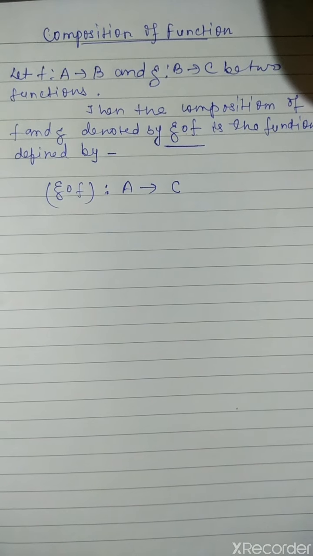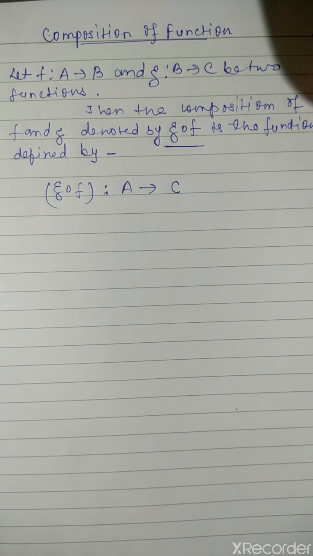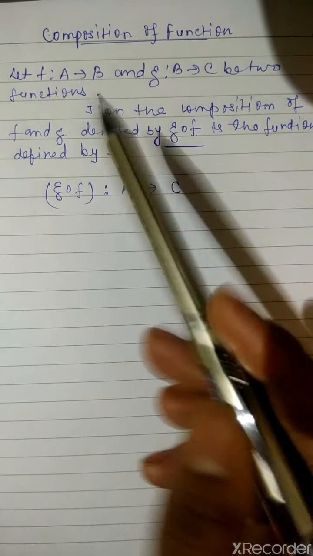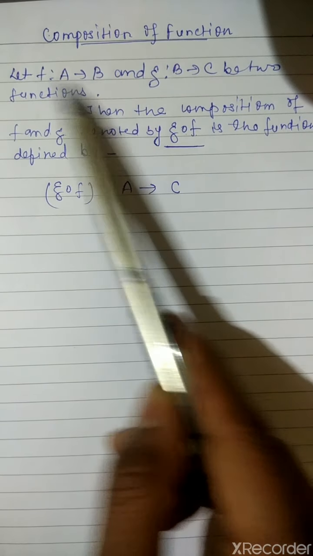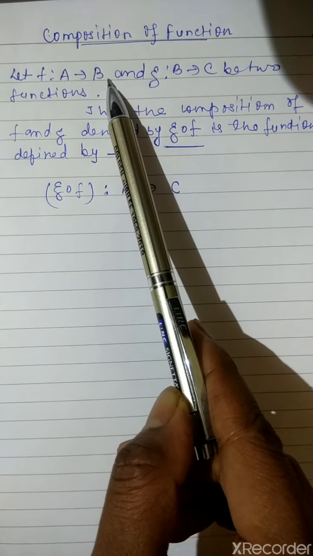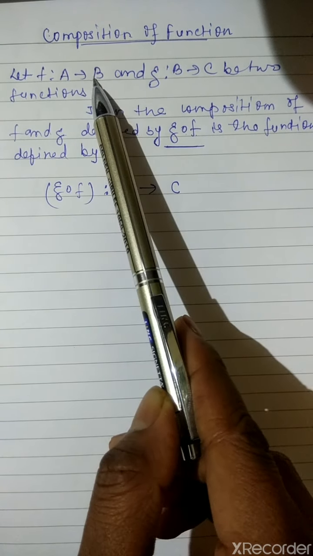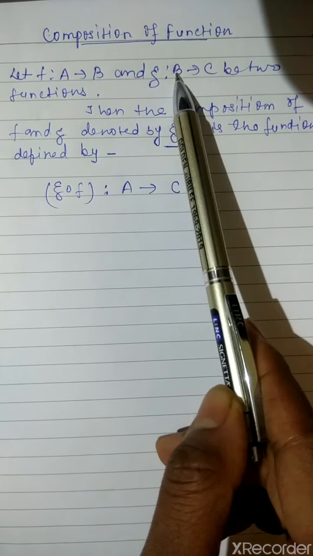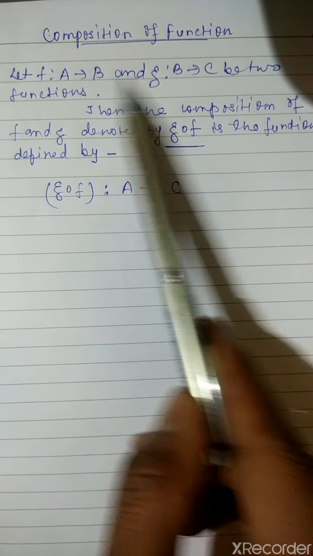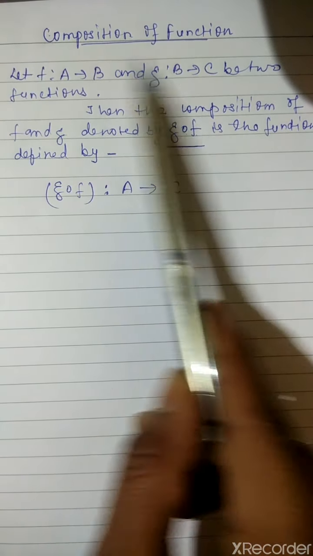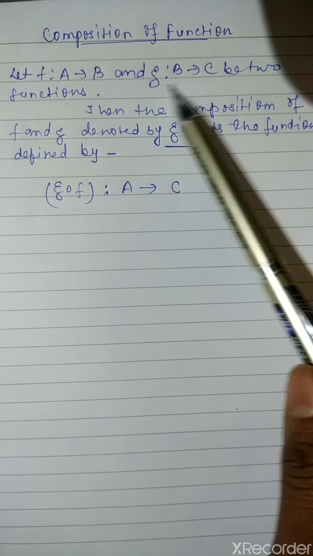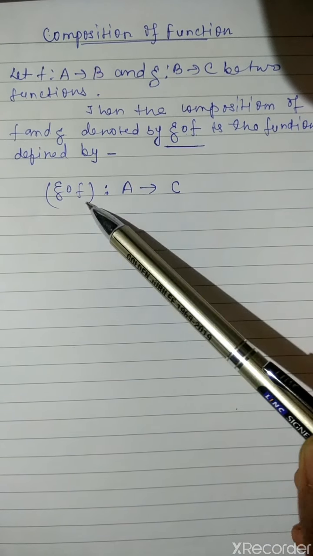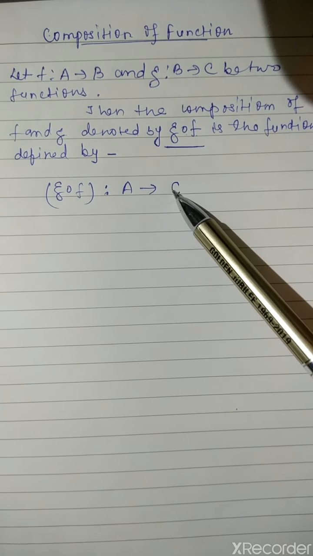To define it we need two mappings, from A to B and again from B to C. The first mapping finishes at B, and the next mapping starts from B. So this B is common in both the mappings. Here F is a mapping from A to B and G is a mapping from B to C. So G naught F is a mapping from A to C.